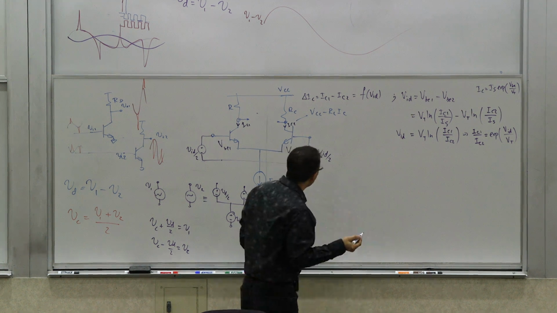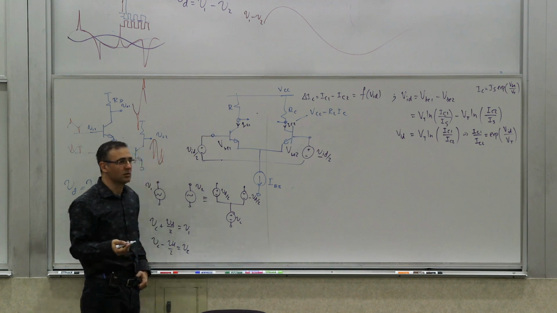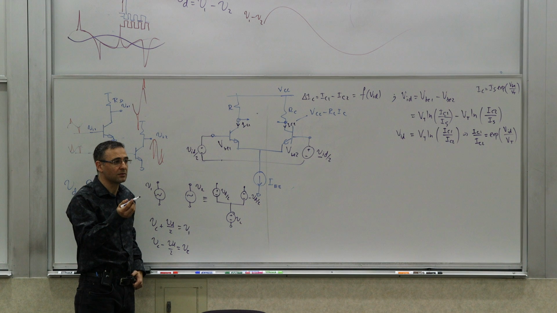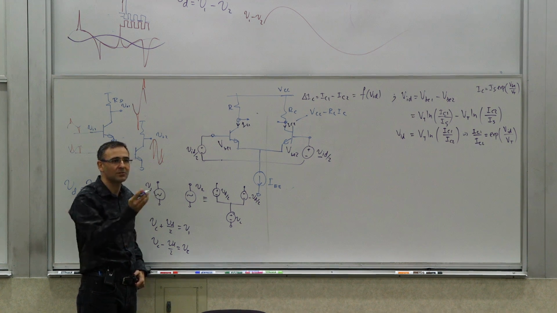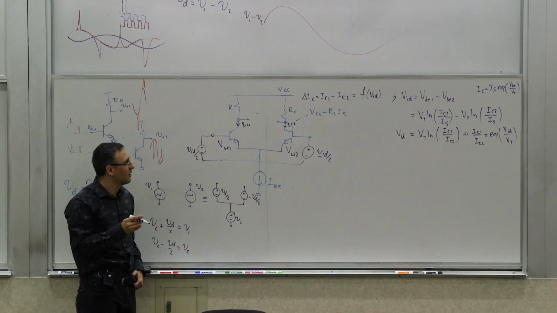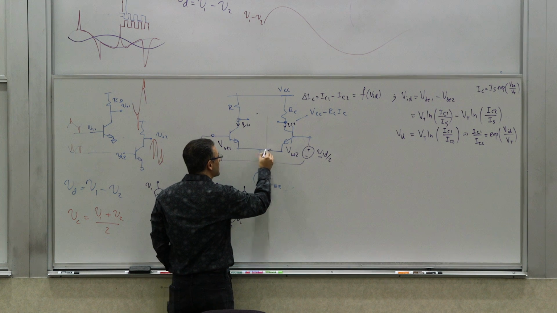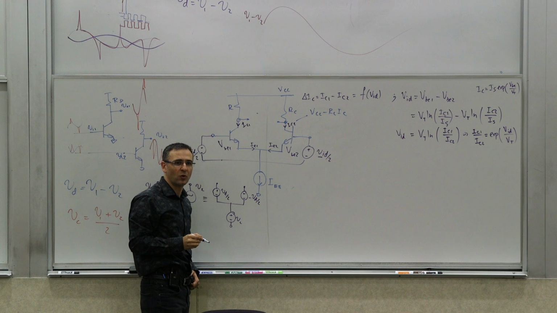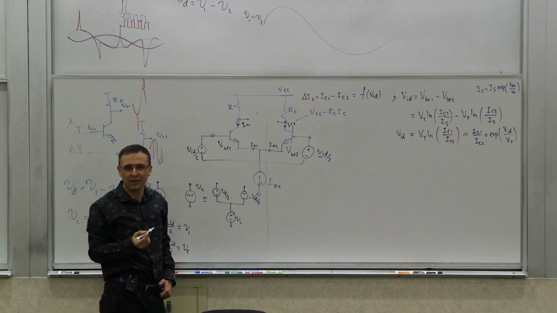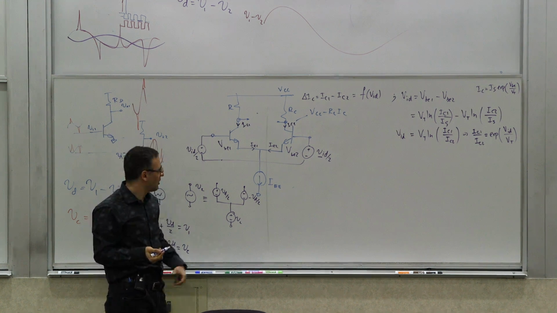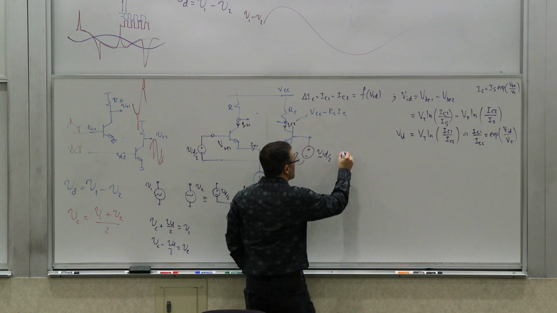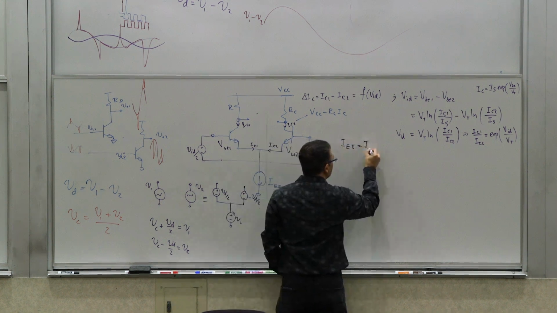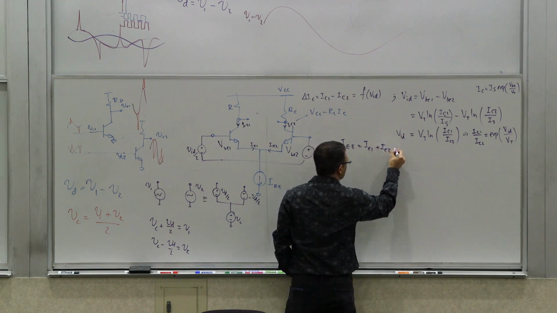Right? What else do we know about IC1 and IC2? Do you know another relationship between IC1 and IC2? Well, we really know that the sum of these two, IE1 and IE2, is what? If you have an ideal current source, IE1 plus IE2 has to be IEE, right? So basically we say IEE is IE1 plus IE2.